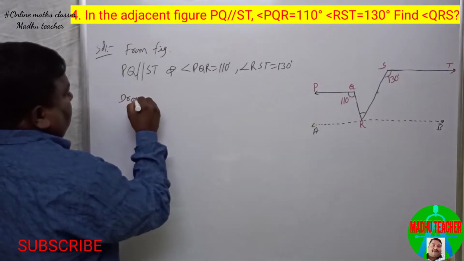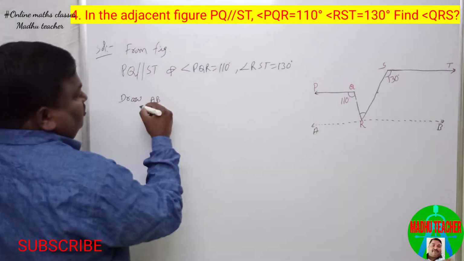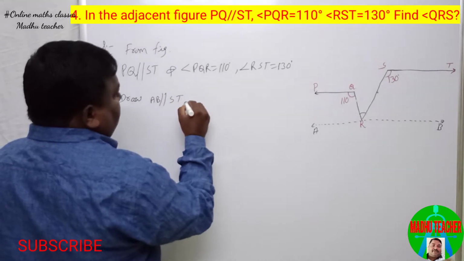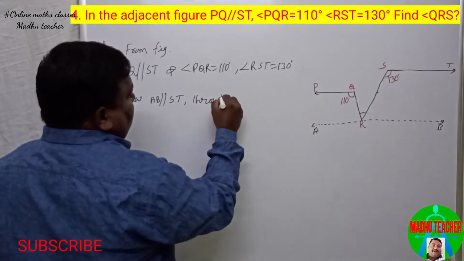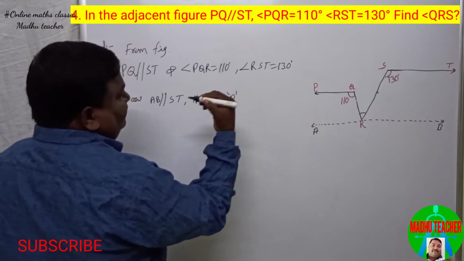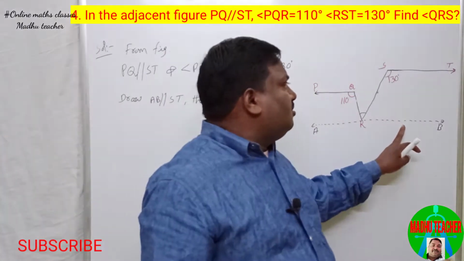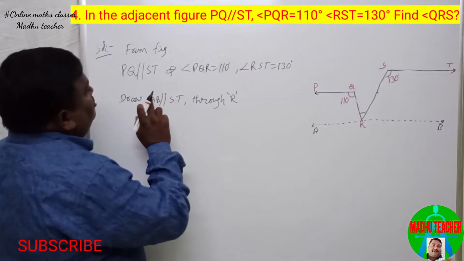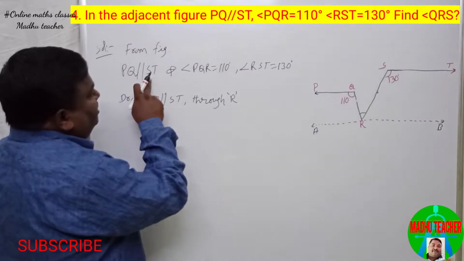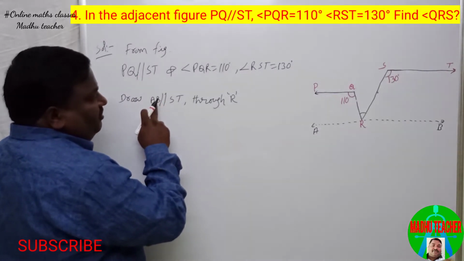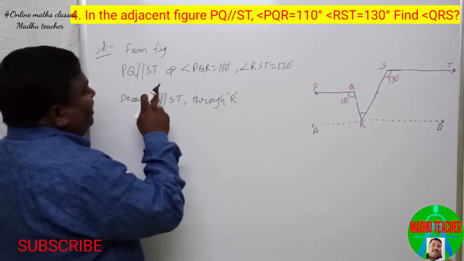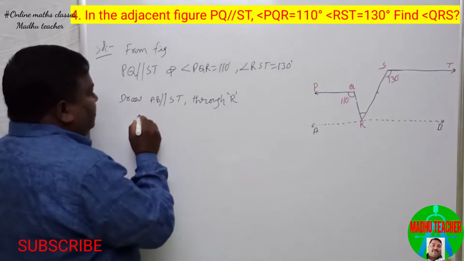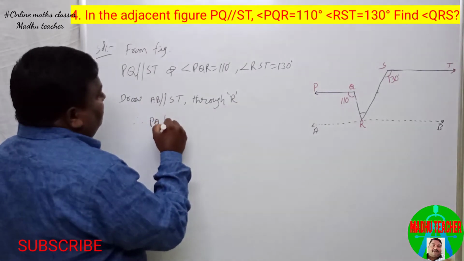Draw AB parallel to ST through R. Now, from these two, we already know that PQ is parallel to ST and ST is parallel to AB. If two lines are parallel to a line, then the two lines are parallel. Therefore, PQ is parallel to AB.